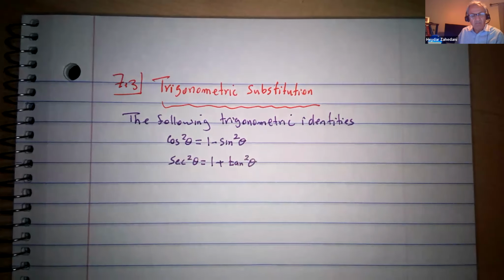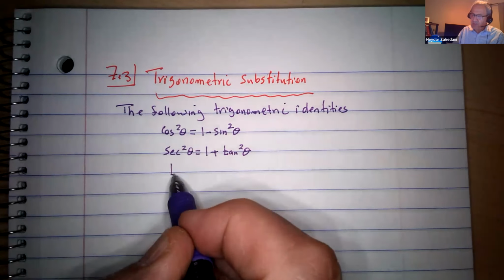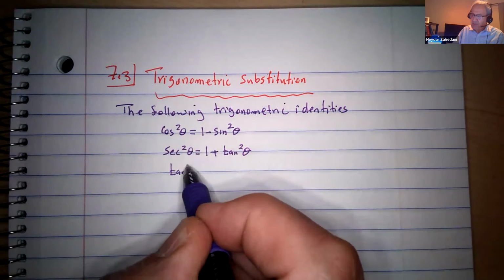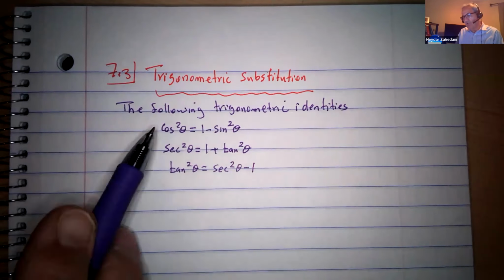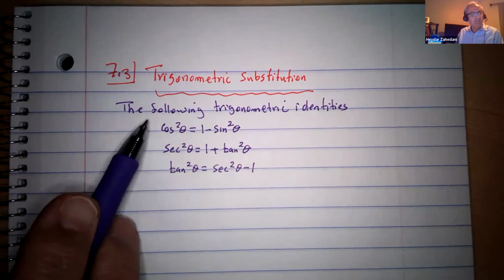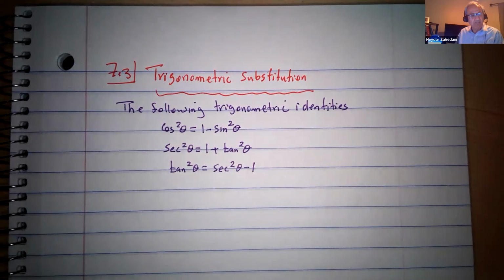And the third one is tan squared of theta, where we just move this to the other side: secant squared of theta minus 1. You see, they are all perfect squares. It helps us to remove the radicals.